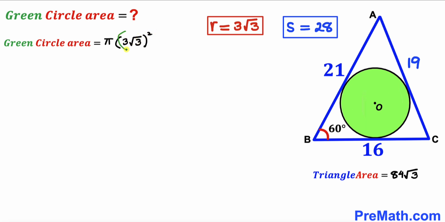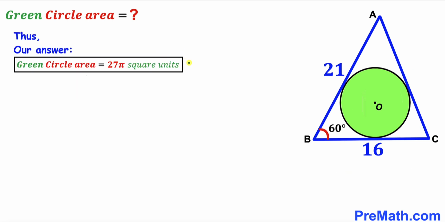If we simplify this part, that gives us simply 27. Therefore the area of this green shaded circle is going to be 27 times pi square units.